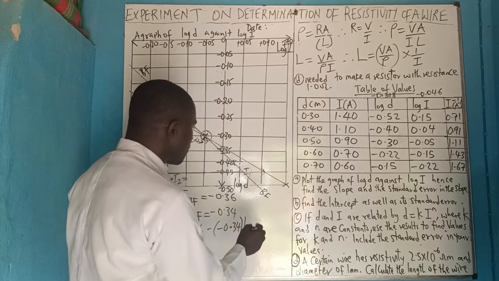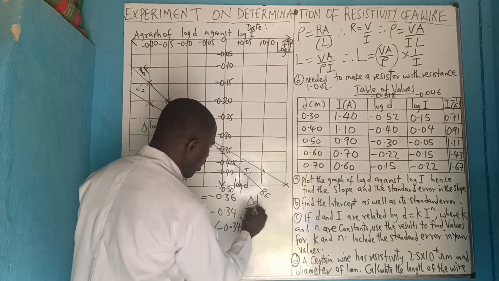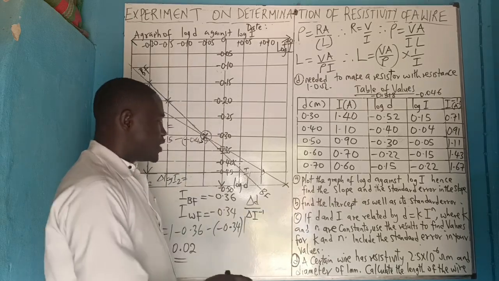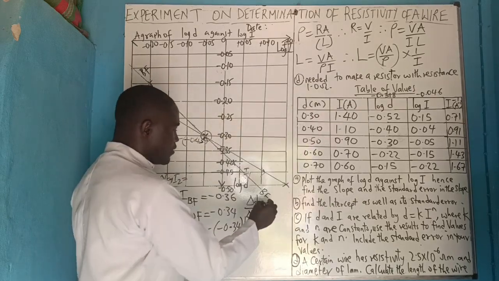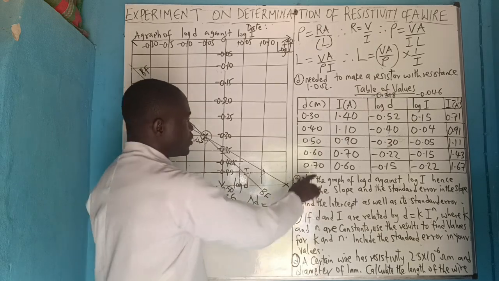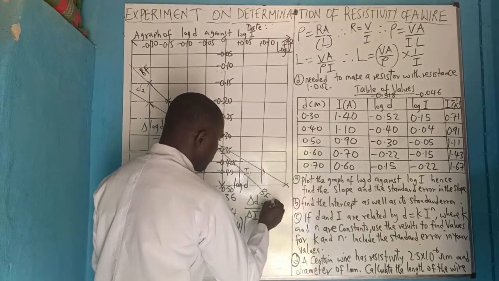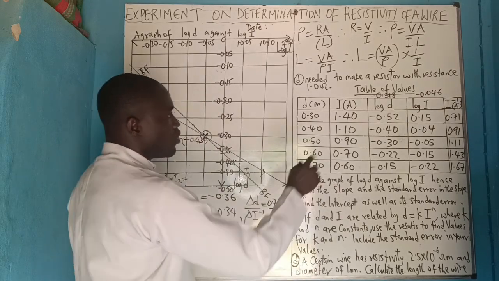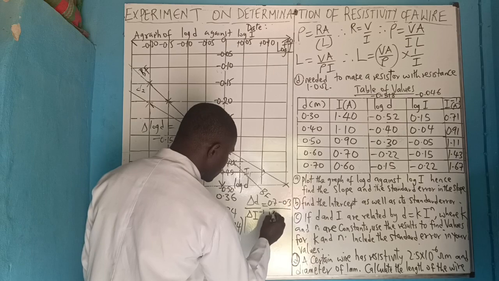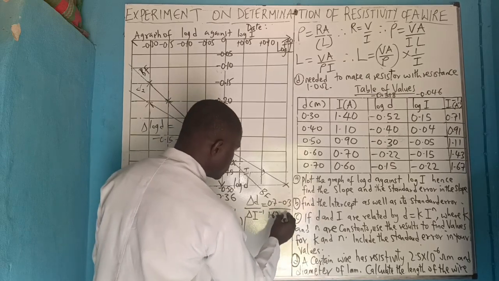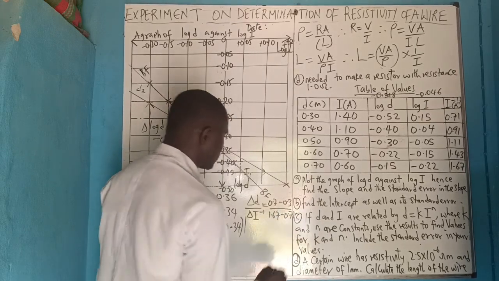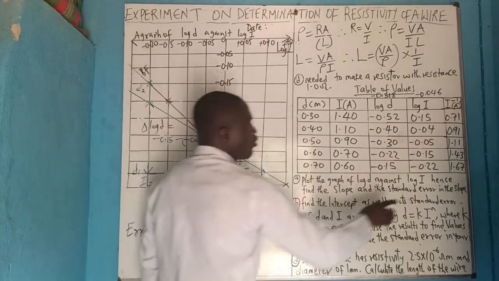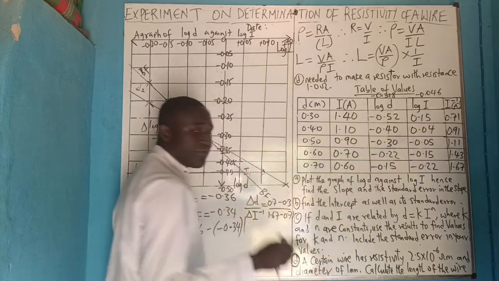The range of the slope will be equal to change in D all over change in I inverse. Change in D all over change in I inverse equals this minus this: 0.7 minus 0.3 all over 1.67 minus 0.71.